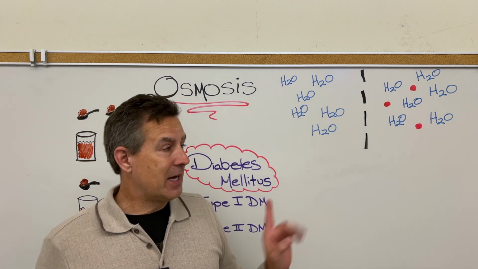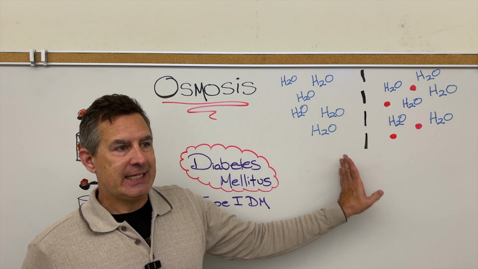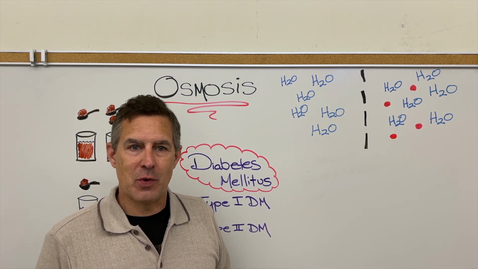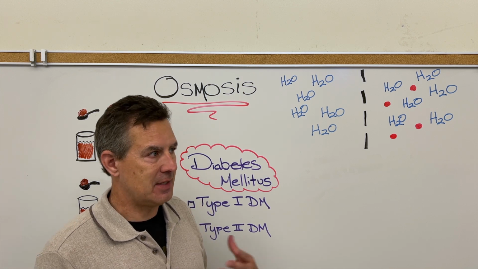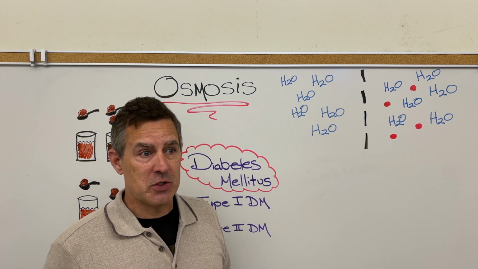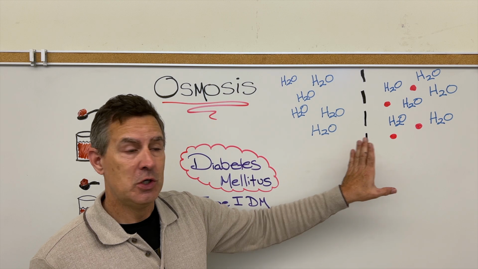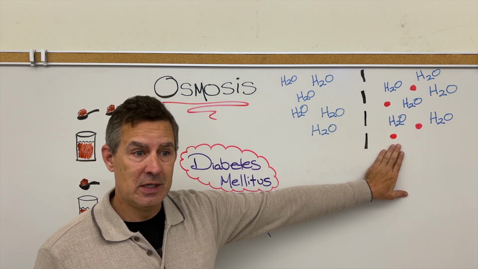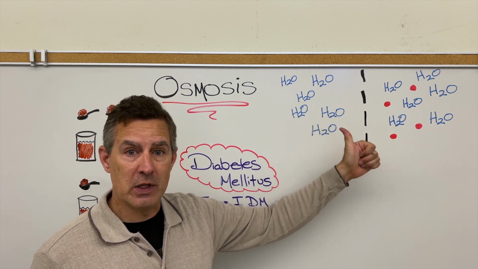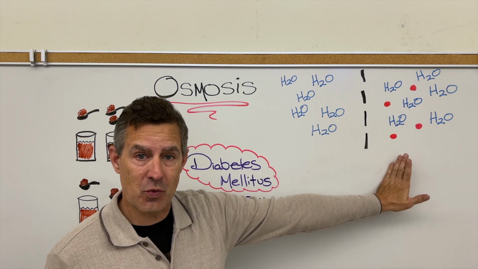Now, what I was saying about the importance of the semi-permeable membrane is that it cannot be permeable, and take that with a grain of salt when I say it cannot. I'm not saying it's the end of the world, but with regards to the definition of osmosis via a semi-permeable membrane, if this membrane were permeable to this solute, then the solute would start moving back and forth and equilibrate, so we have the same amount of solutes on the left as we do on the right.